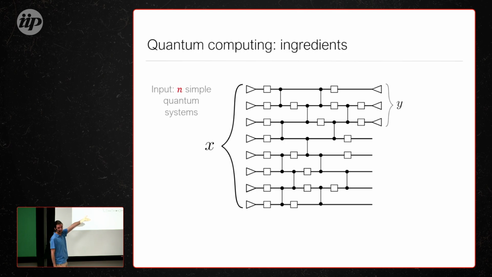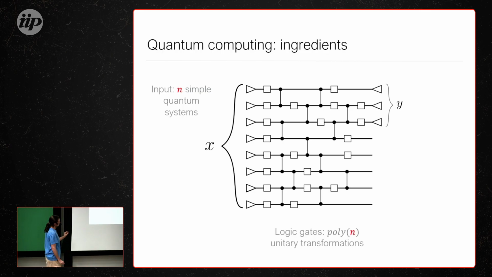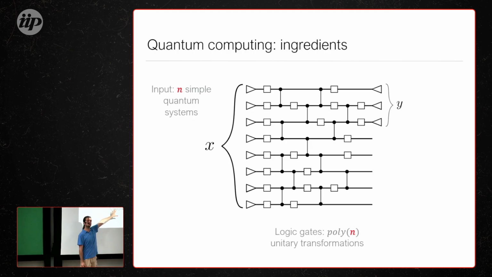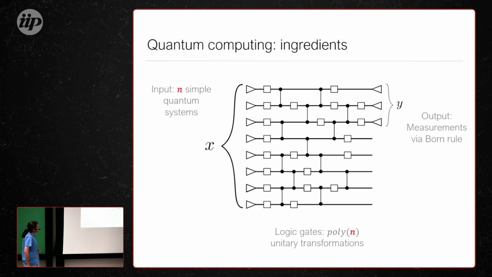They could be spin-half particles or photon polarization, it doesn't matter too much. Your circuit of logic gates is a sequence of a polynomial number of unitary transformations, which have to be unitary because they are solutions to Schrödinger's equation. The output of the circuit is measurements governed by the Born rule. So this is essentially what a quantum computer is.